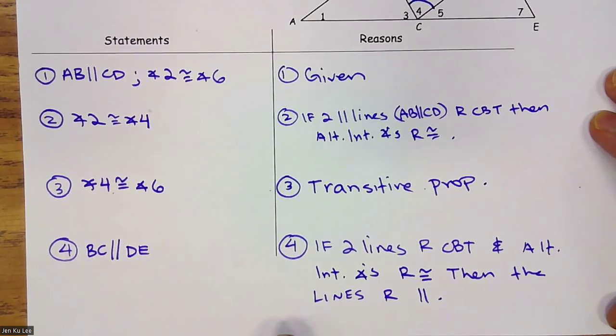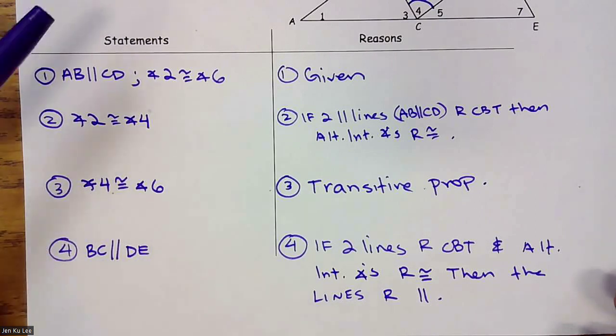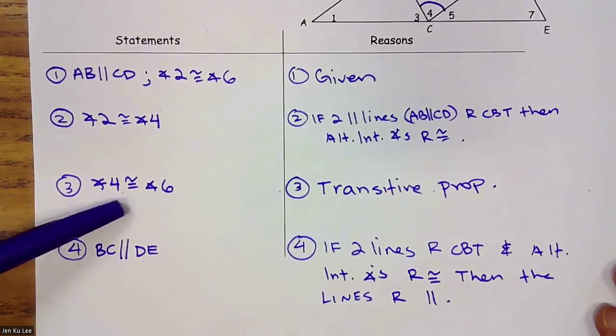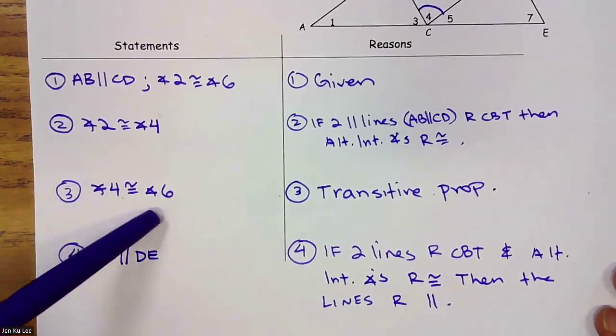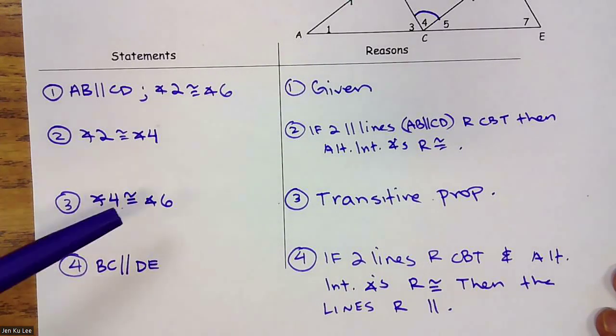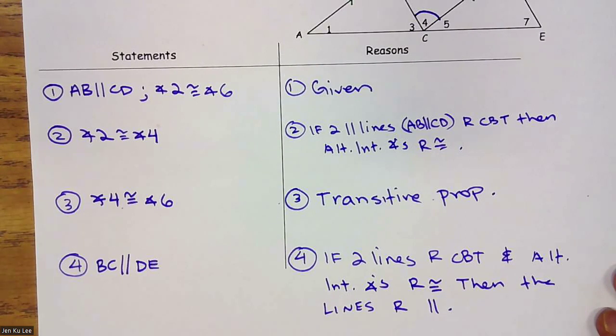Okay, so if we're proving parallel lines, we're always going to come out with an angle relationship that we concluded was true without using the parallel lines at all.